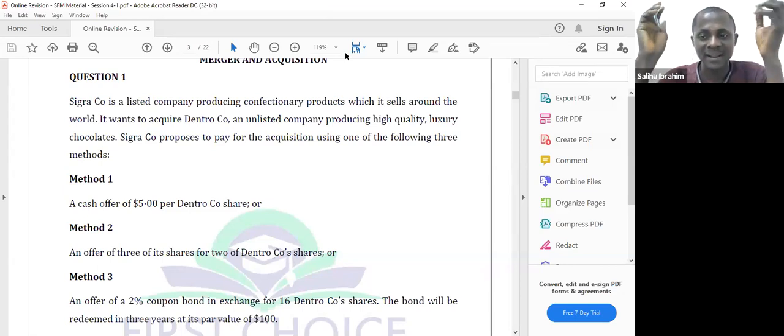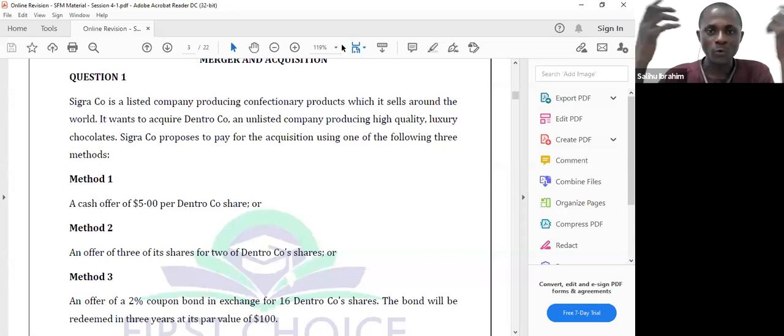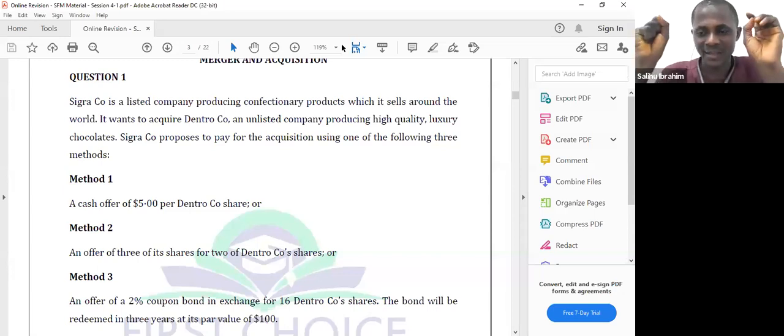A post-acquisition market value is the market value that the combined companies will generate after they have been combined. After the merger of these two companies, what is going to be the market price of the enlarged company? That is what we call the post-acquisition market value or post-acquisition market price.